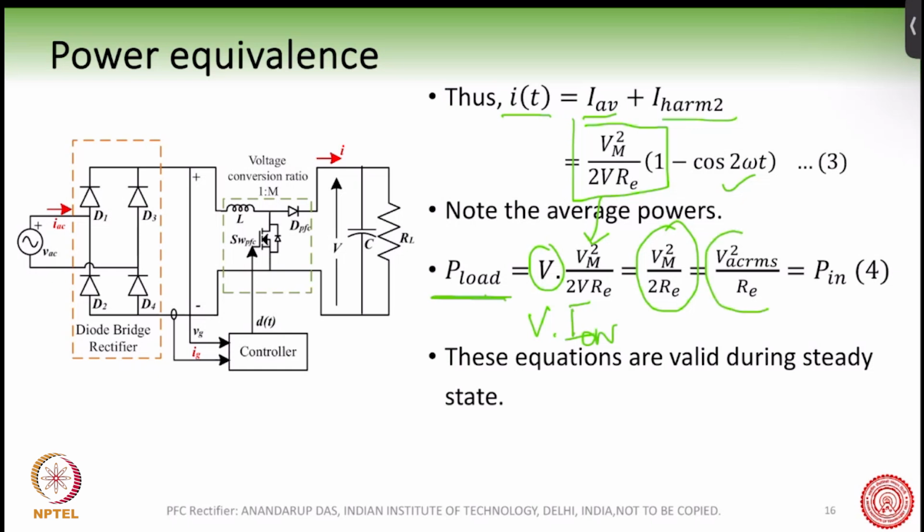Therefore, this is equal to VAC RMS squared divided by RE, right?